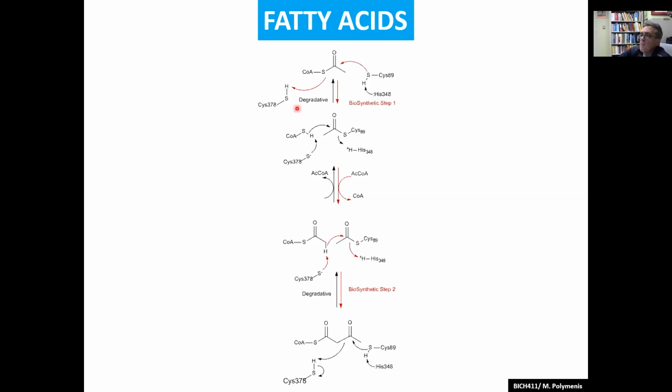Then coenzyme A comes in, right at this point, and essentially you swap one sulfhydryl with another, with coenzyme A. So now you end up having a new acyl CoA, and you regenerate your enzyme.